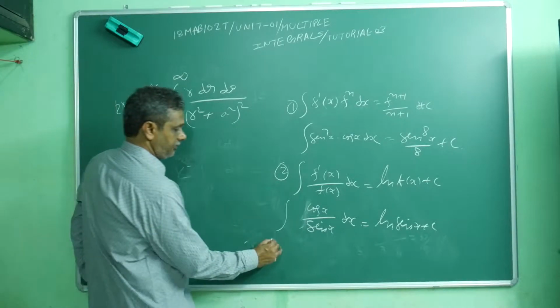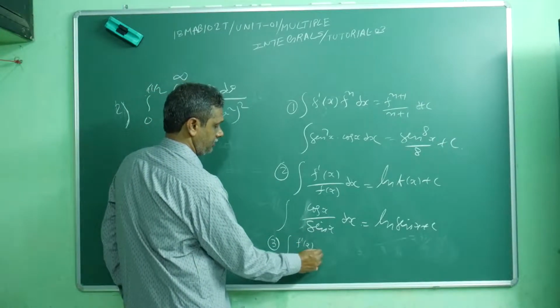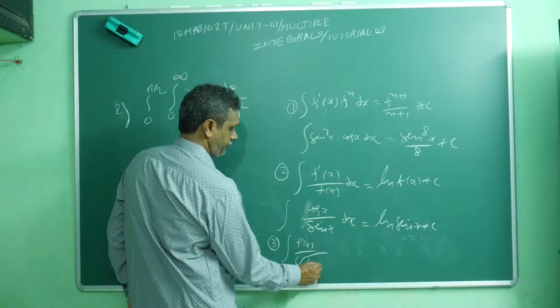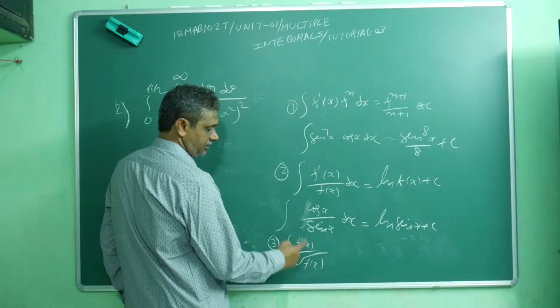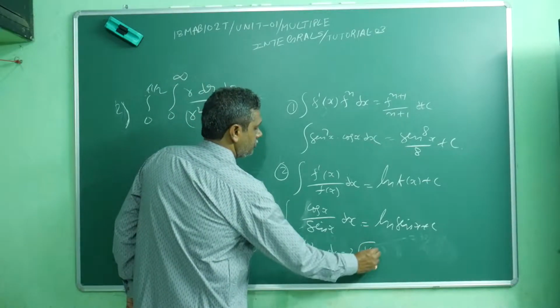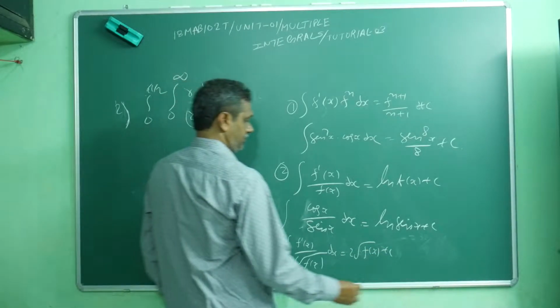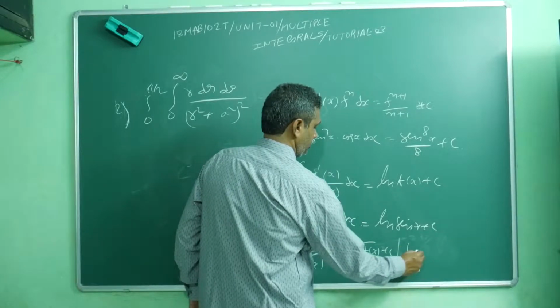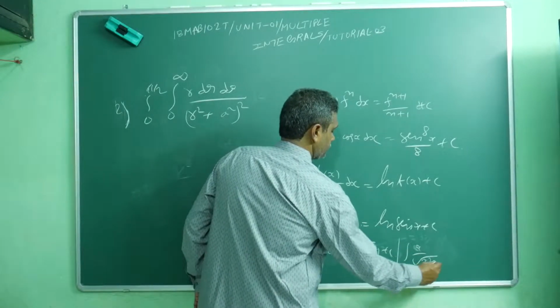Similarly, another formula: integral of f dash x by root of f of x. Function inside the root, with its derivative, means you can write 2 root f of x plus c. Suppose for this example, integral of x root of x square plus 1.